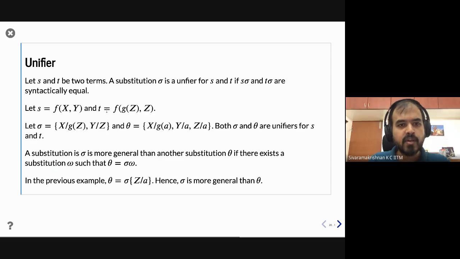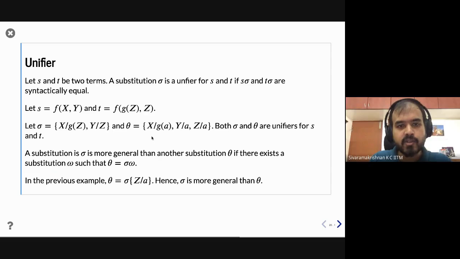So applying sigma on T will give you the same term, but applying sigma on S will give you term T. So sigma is said to be the unifier for these terms. So unifier is how we compute what are the substitutions that are necessary for unifying two terms. And it is not the case that there is only one unifier for a pair of terms, if there exists a unifier.